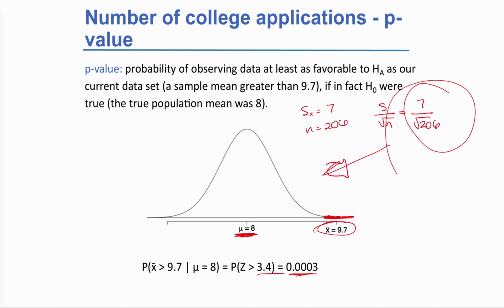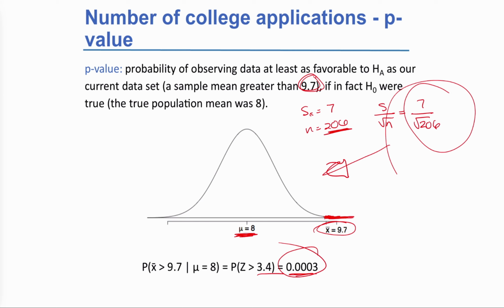0.0003. So, if the average number of colleges applied to by Duke students actually is 8, the probability that we would get a sample of 206 students with a mean of 9.7 or greater is 0.0003.